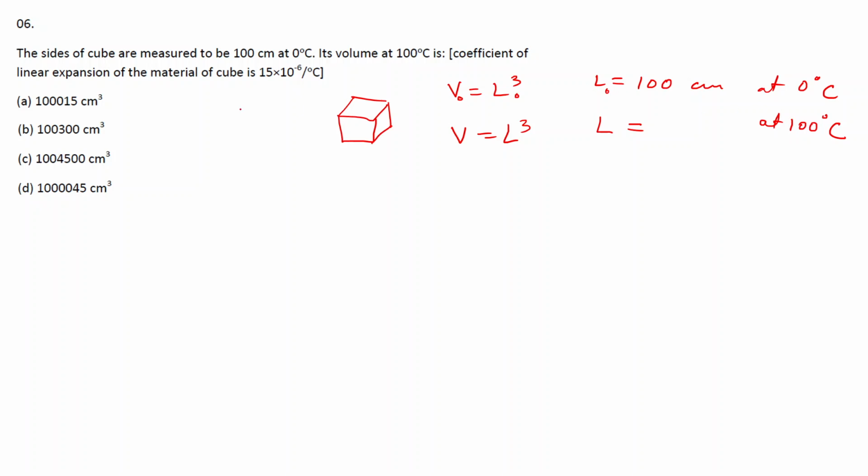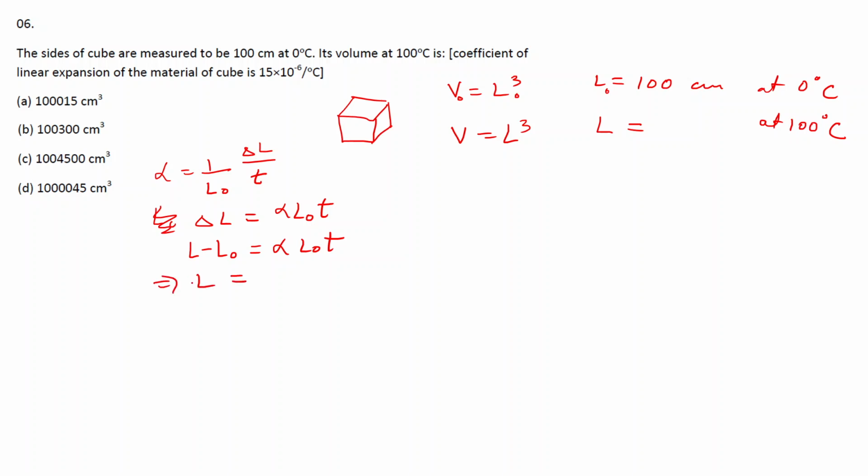So one way we can do is using the formula that we know, right? Alpha is 1 over L naught, and there is change in length and there is change in temperature. From this delta L is alpha L naught delta T. So change in length means final minus initial, right?